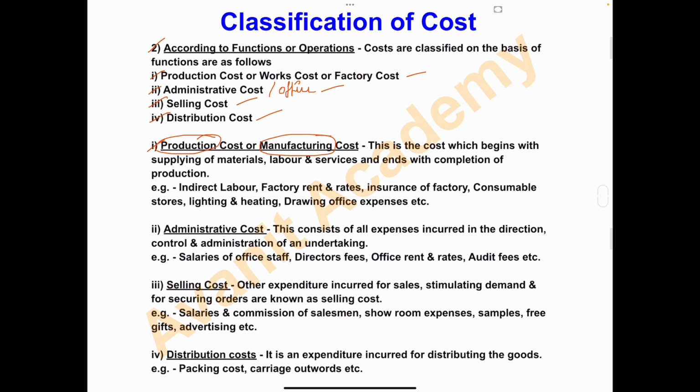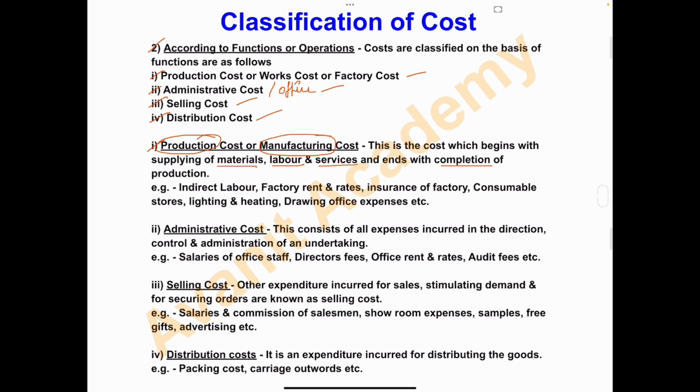Whatever cost is incurred for production of goods is called production cost. This cost begins with the supplying of material, labor and services and ends with the completion of the production.